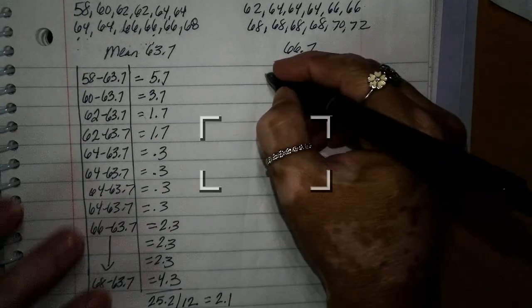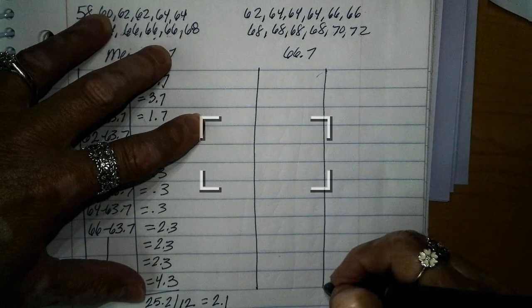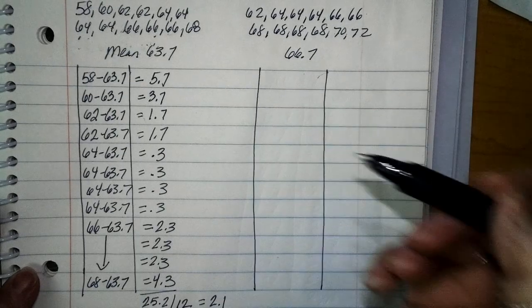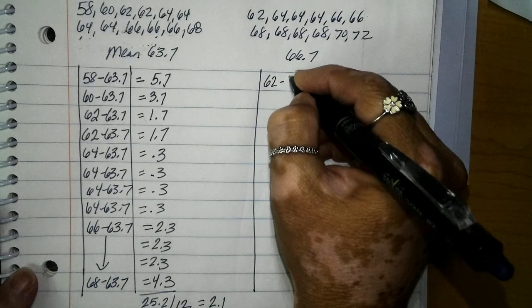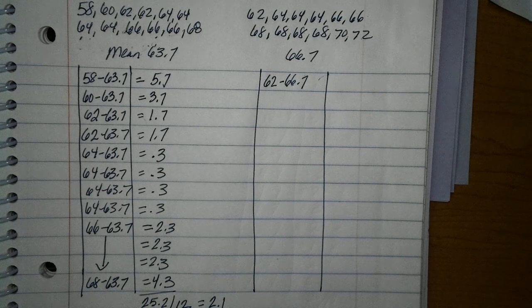All right, then we do the next one. So once again, I'm going to draw my line. Now we're going to use 66.7. So 62 minus 66.7.